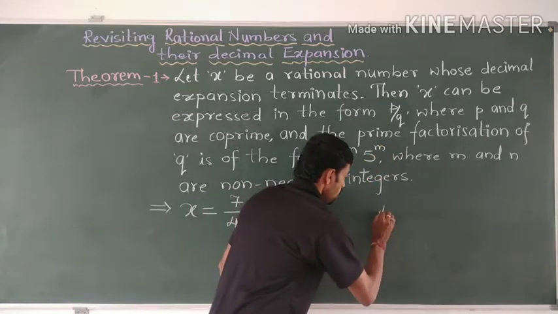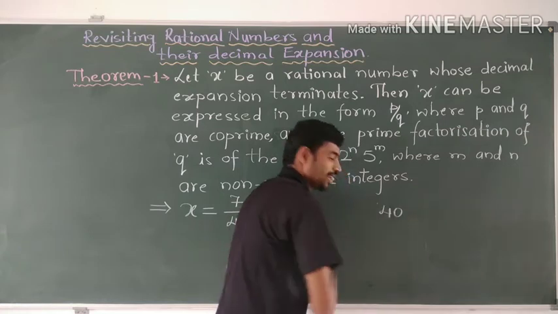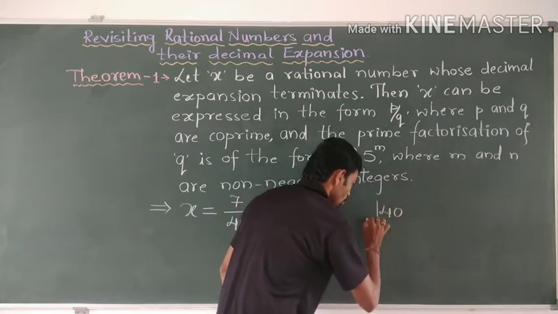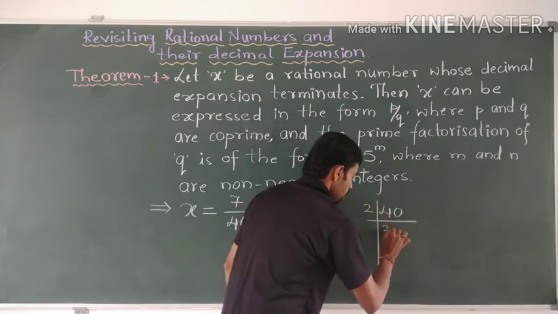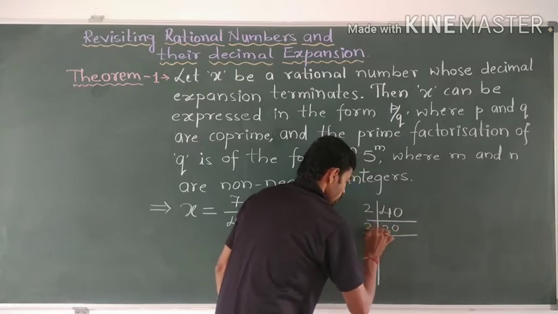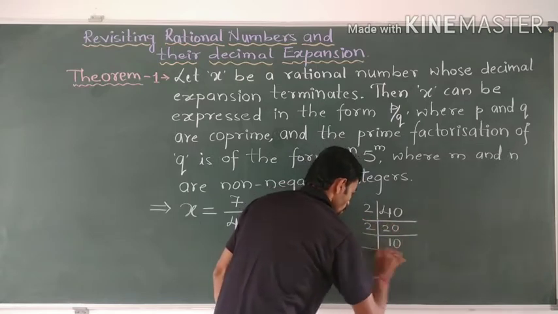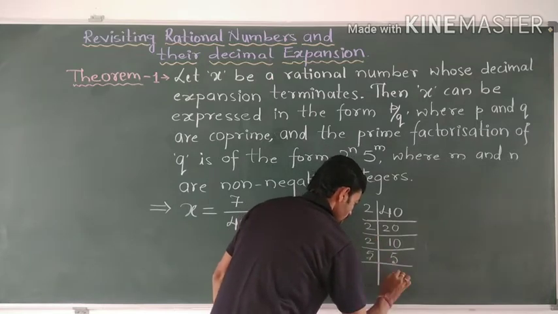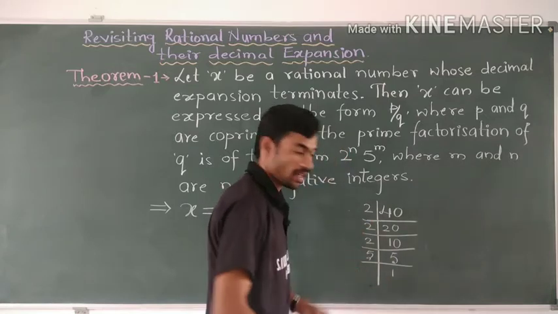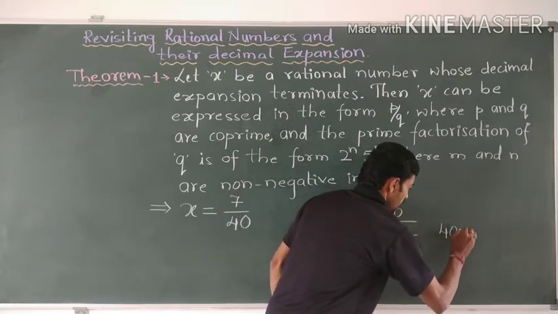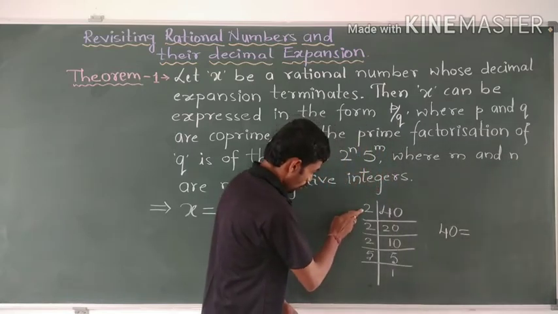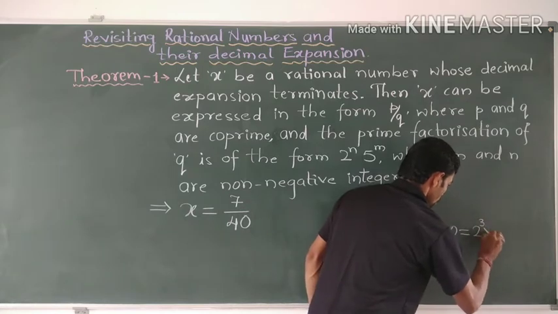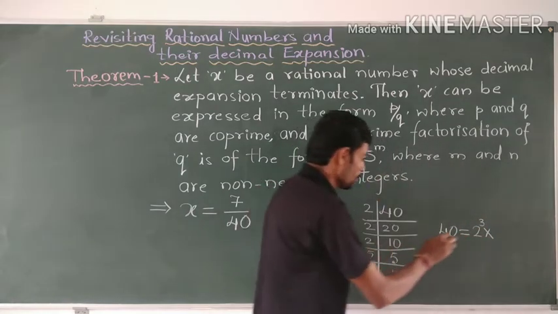Prime factorization of 40. How to find it? It is divisible by 2: 2 twenties are 40, 2 tens are 20, 2 fives are 10, then 5 ones are 5. So 40 can be written as 2 to the power 3 into 5 to the power 1.